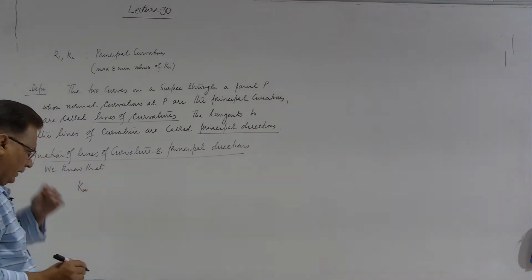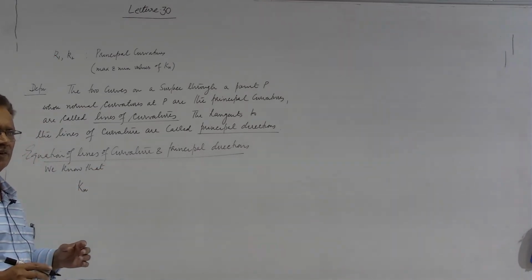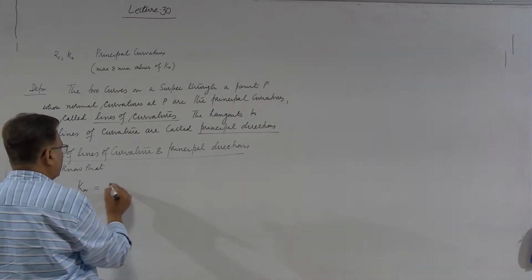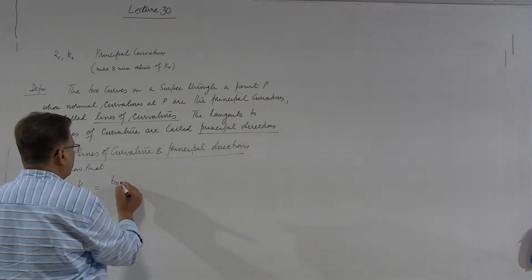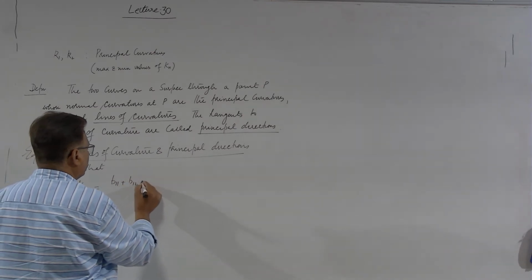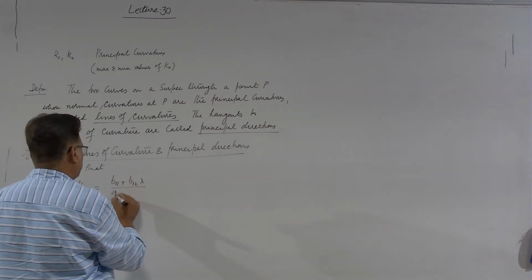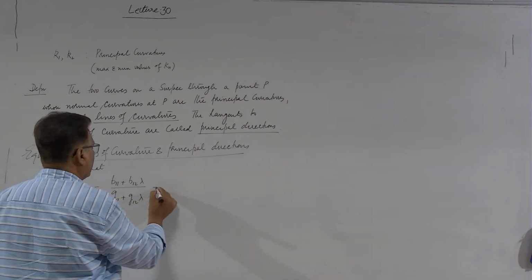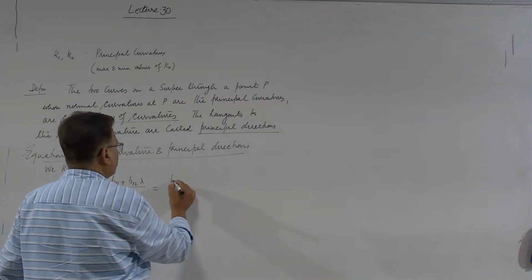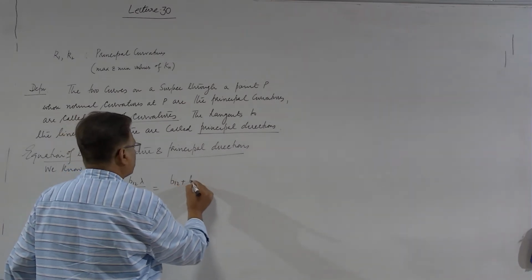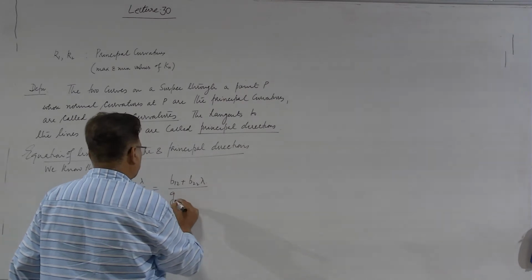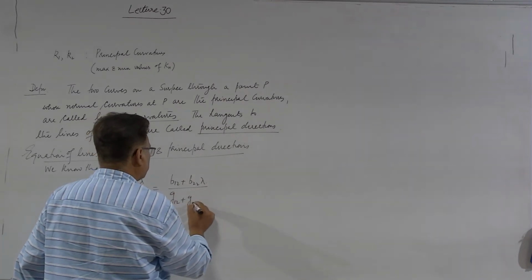While working out a quadratic equation for normal curvature, we found that Kn equals (B11 + B12 lambda) upon (G11 + G12 lambda), and that is equal to (B12 + B22 lambda) upon (G12 + G22 lambda).